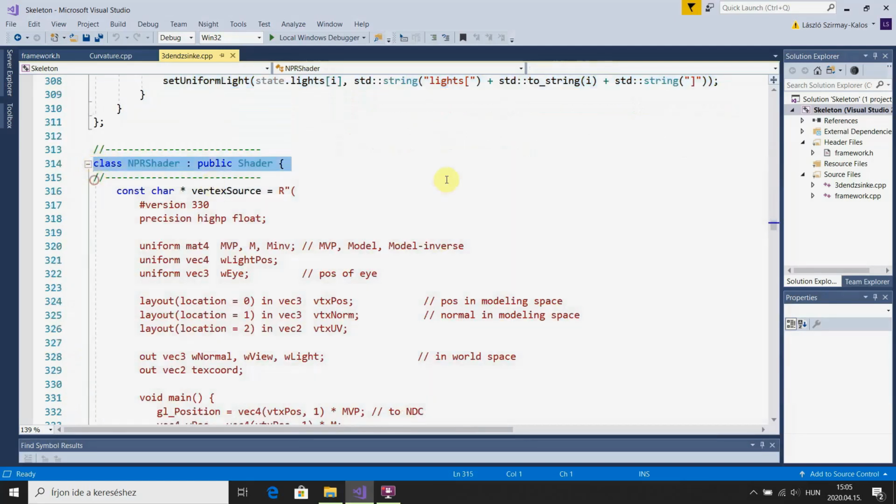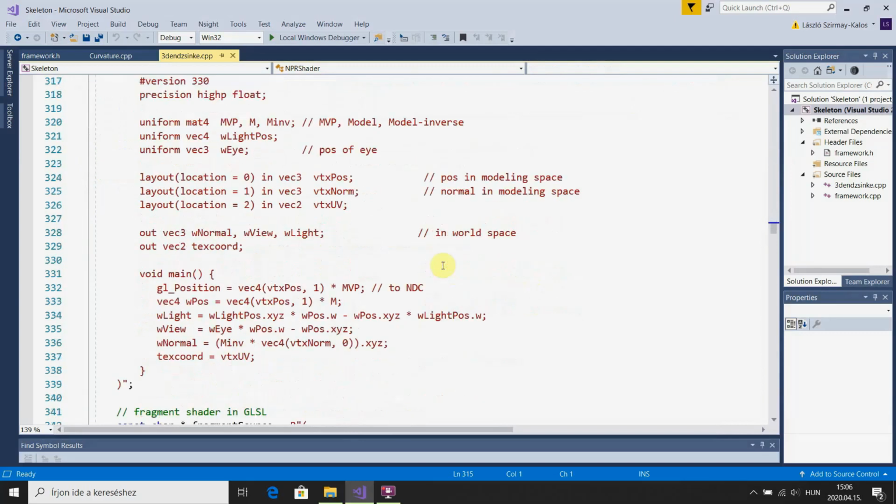Our third shader is the non-photorealistic rendering shader, which provides a kind of artistic look. It simulates the process of painting or drawing. Actually, the vertex shader of this NPR shader is very similar to the vertex shader of Phong shading.